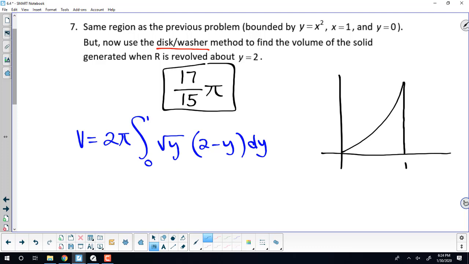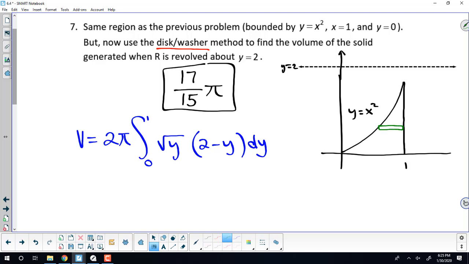That was 1, the square root of x. I'm sorry, x squared. We're revolving around y equals 2. Let's just say that's up here. Shells then are parallel to this.